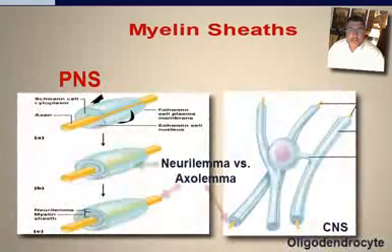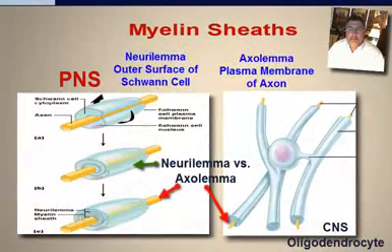Now, before we get into looking at the neurolemma, neurolemma and axolemma are typically two terms that get confused by students during this part of the discussion. The axolemma is always going to be the plasma membrane of the axon.